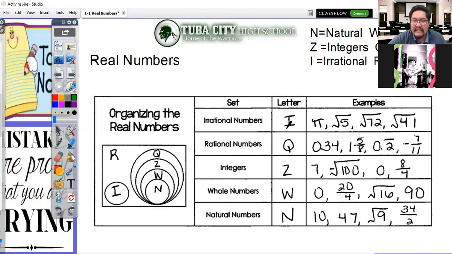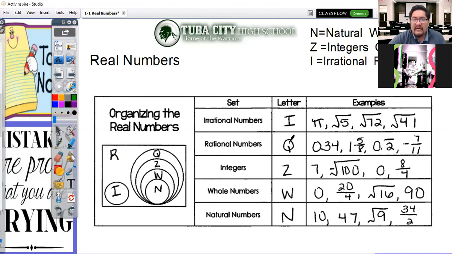Irrational is I, and some of these are a little bit confusing, so be careful, because integers are Z, even though both of them start with I. Rational numbers are also going to be Q because R means real number. So since R is real number, rational has been assigned Q.